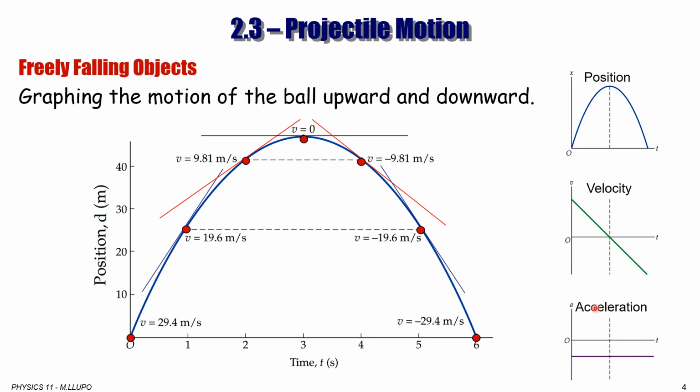And for the acceleration-time graph, the slope of the straight line is a constant. That's why the graph is horizontal. So that's pretty much it. We already have done it before, so you can recognize that type of graph.